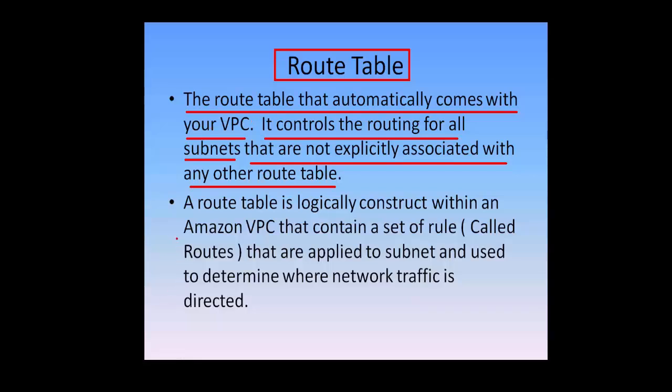Okay, so a route table is logically constructed within an Amazon VPC. It's a logical construction, not a physical thing, that contains a set of rules called routes.